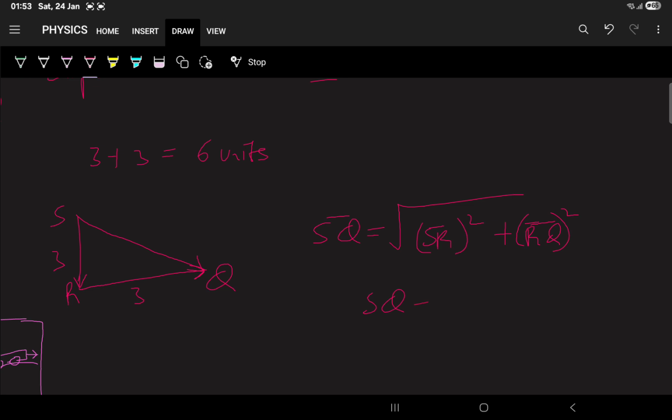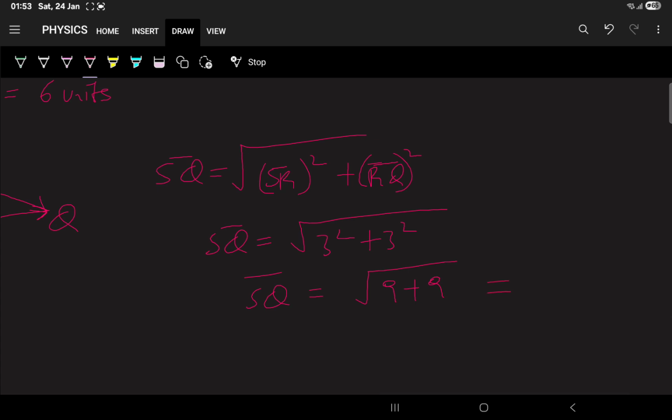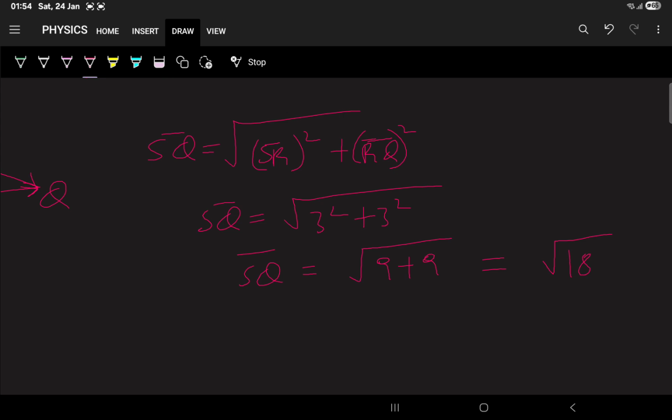Now SQ will equal the square root of 3 squared plus 3 squared. SQ will equal the square root of 9 plus 9, which is the square root of 18. And simplifying this, we have about 3 root 2.